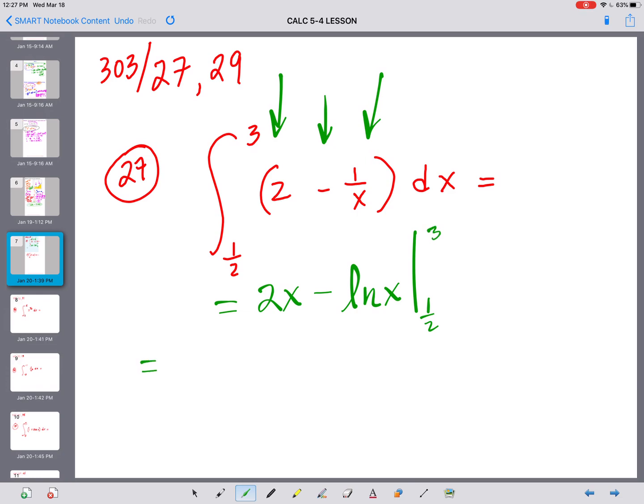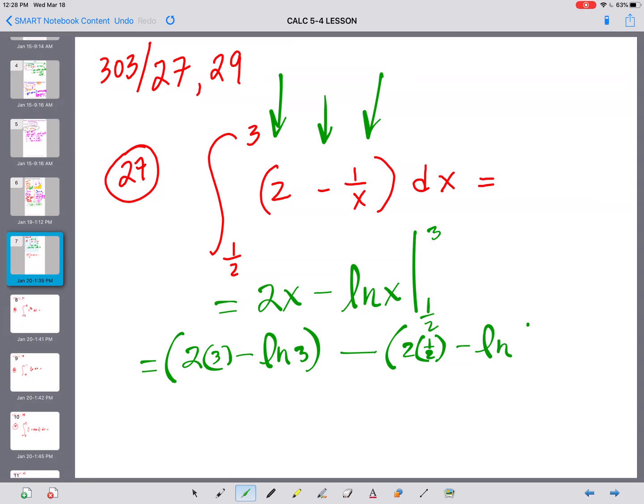Plug the top one in first: parenthesis, 2 times 3 minus natural log of 3, close the parenthesis, minus parenthesis. We have 1/2, so 2 times 1/2 minus natural log of 1/2. Close the parenthesis. Let's get a decimal here.